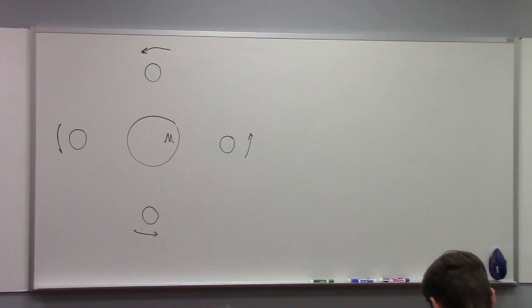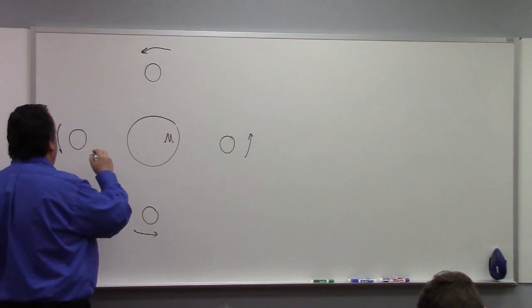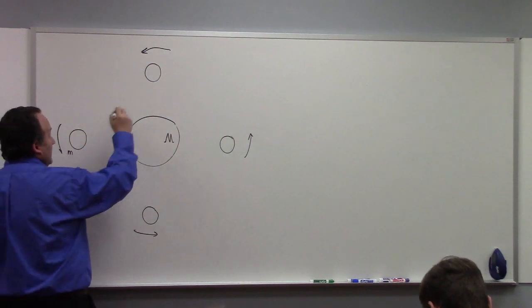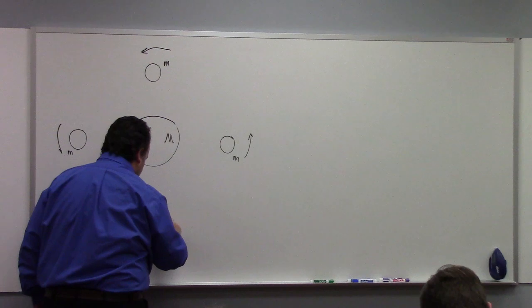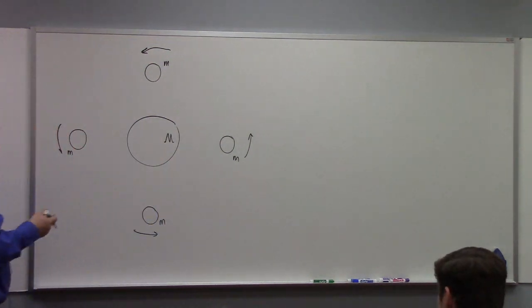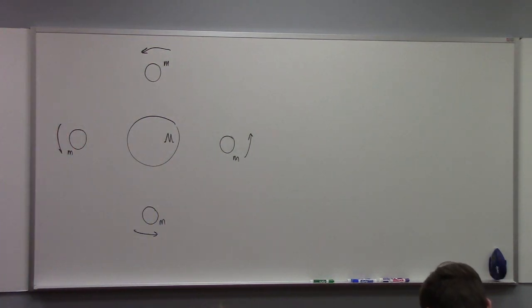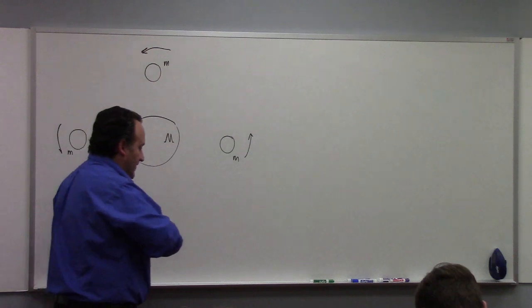You could have this situation, all right? And if you did, let's assume that the moons have mass little m. Then the question is, how is the radius of the orbit related to the period of the orbit? Let's see if we can find the analog of Kepler's third law for this problem. So how would you do it?